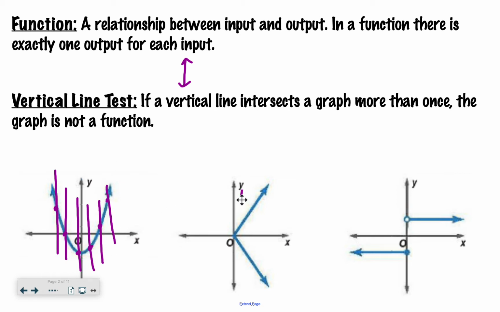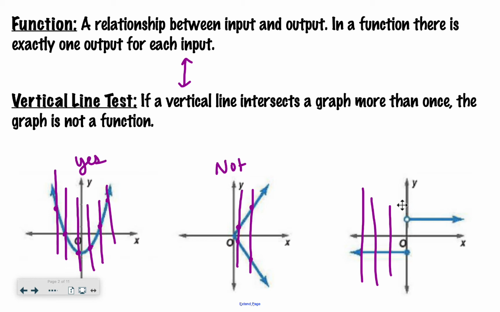It only hits it once each time I draw a line. Now if I look at this next one, notice it hits twice right here, or twice right here. So this is not a function. And then if we look here, if I draw straight lines, this part right here, the axis, is where it gets a little tricky. You can see that there's a point here, and then there's an open circle right here.